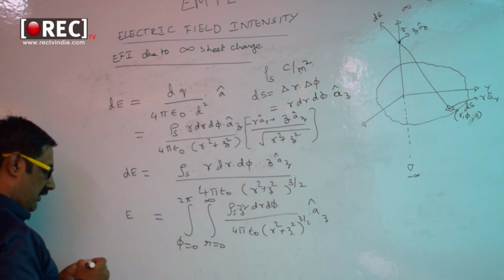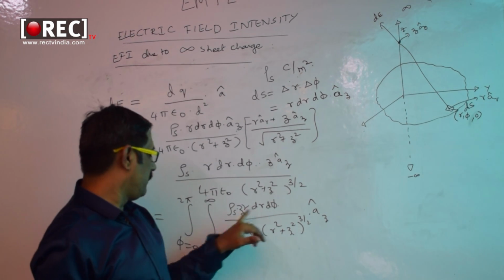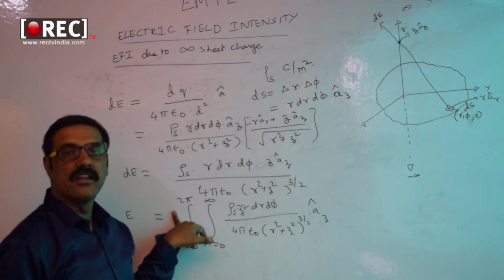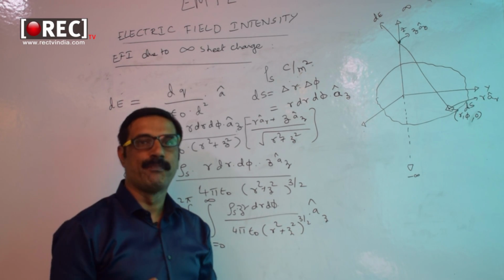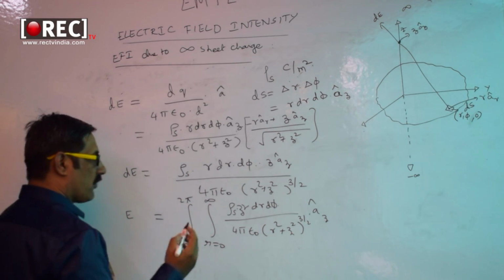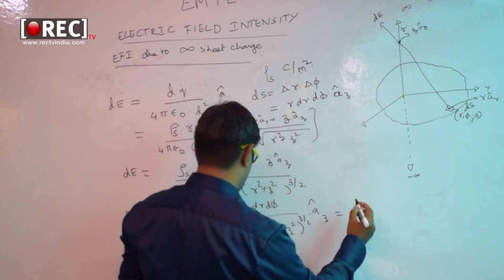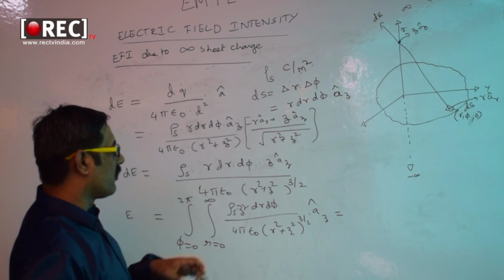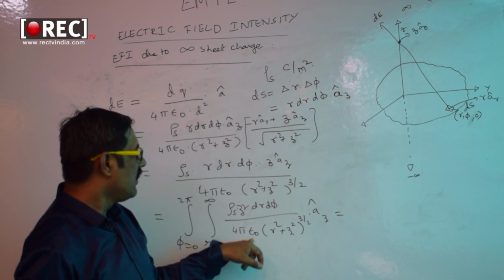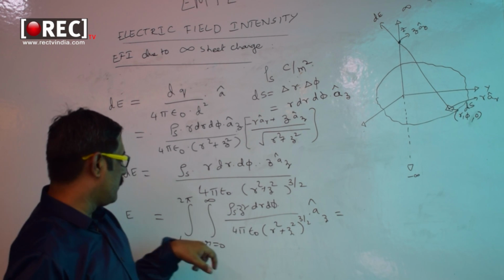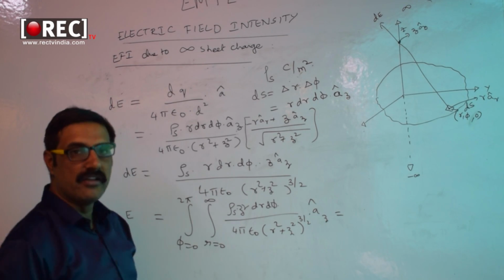If you observe, the integral of d phi from 0 to 2 pi, I can directly replace it as phi from 0 to 2 pi, which has a value of 2 pi minus 0, which is 2 pi. So let us take out all the constants. Rho s is a constant, 4 pi epsilon naught is a constant, z also is a constant, and the integral of d phi from 0 to 2 pi would give a value of 2 pi.